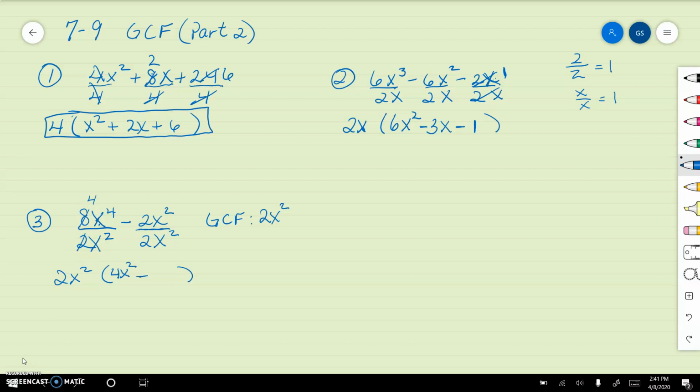Minus, now this second one here, it's 2x squared, 2x squared. That's something divided by itself, which is a 1. So that 1 has to come down into the parentheses. And so your answer is 2x squared times 4x squared minus 1.